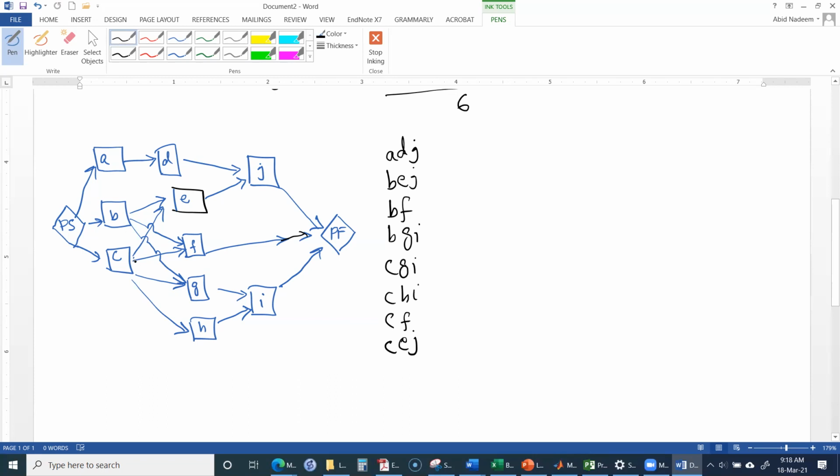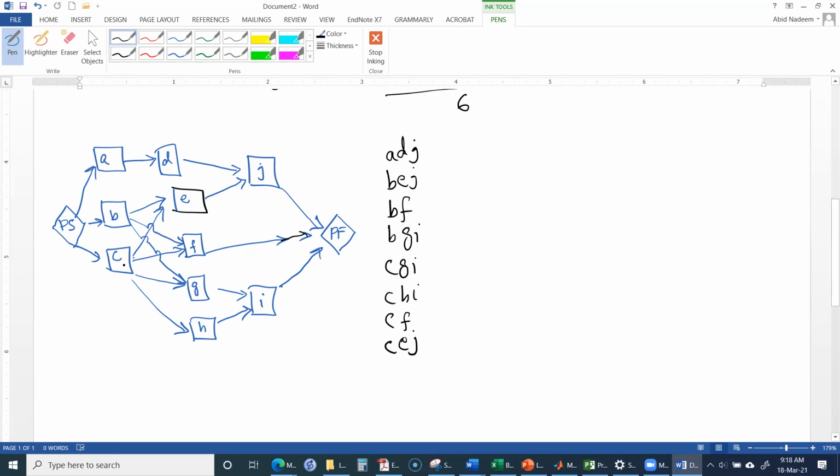C, there are also three paths, CEJ, CF, and CGI, okay? So yeah, then these are all the possible paths.